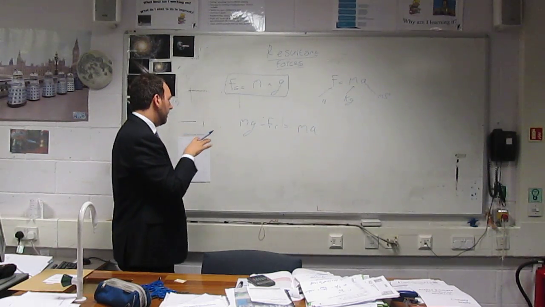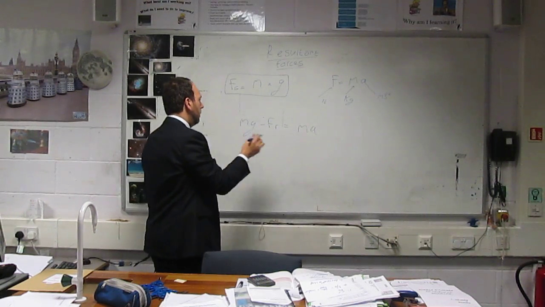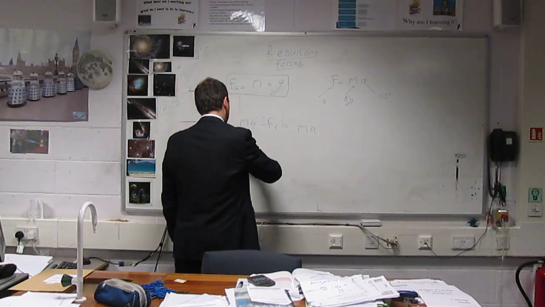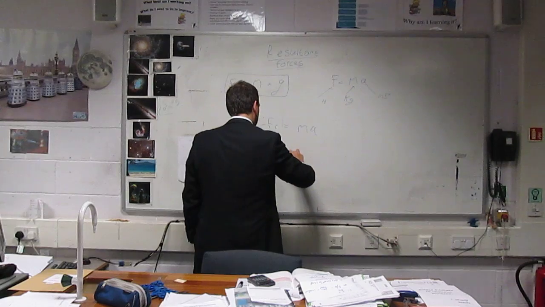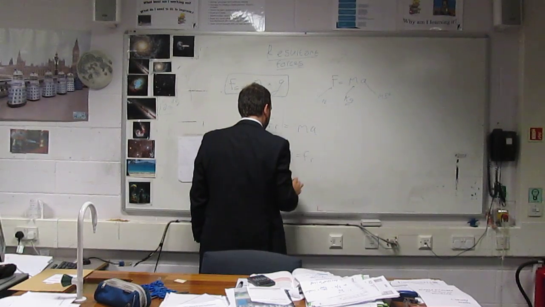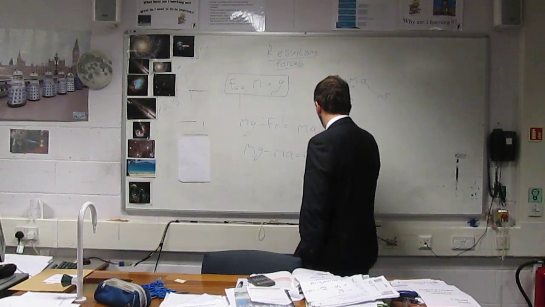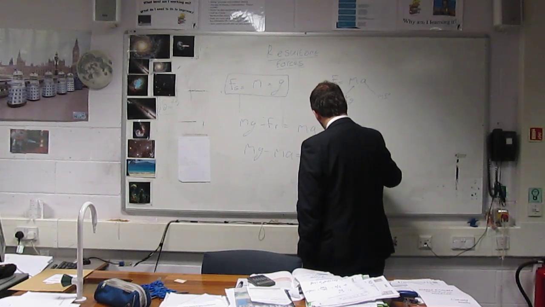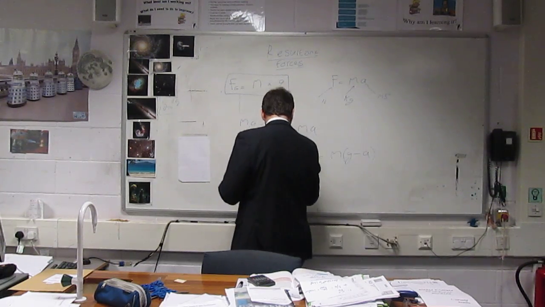So what we want to do here is simplify this, move our ma to the other side and Fr here. We end up with mg minus ma equals Fr, and then simplifying this, we end up with Fr equals m(g minus a).